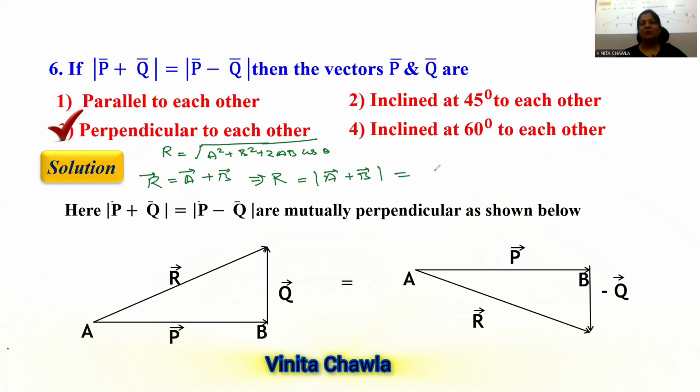So modulus of vector a plus vector b is under the root of a square plus b square plus 2ab cos theta.